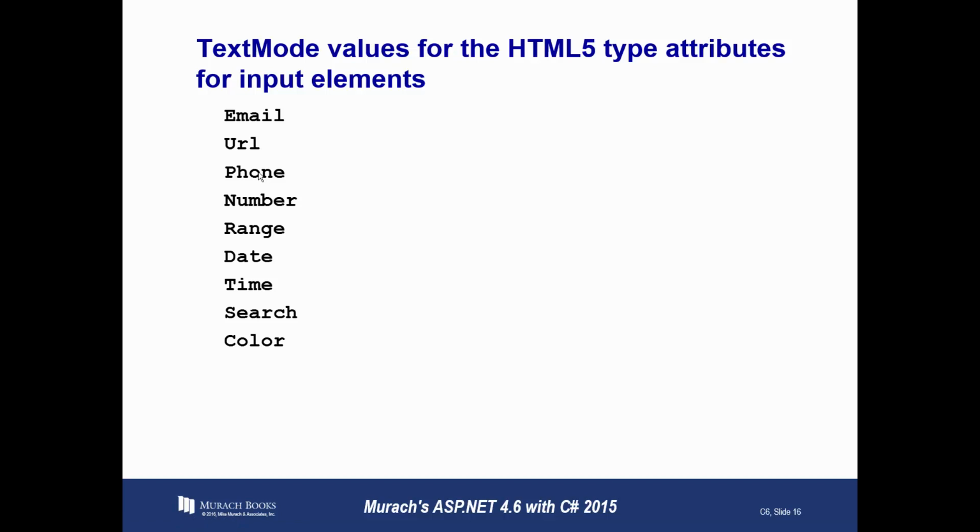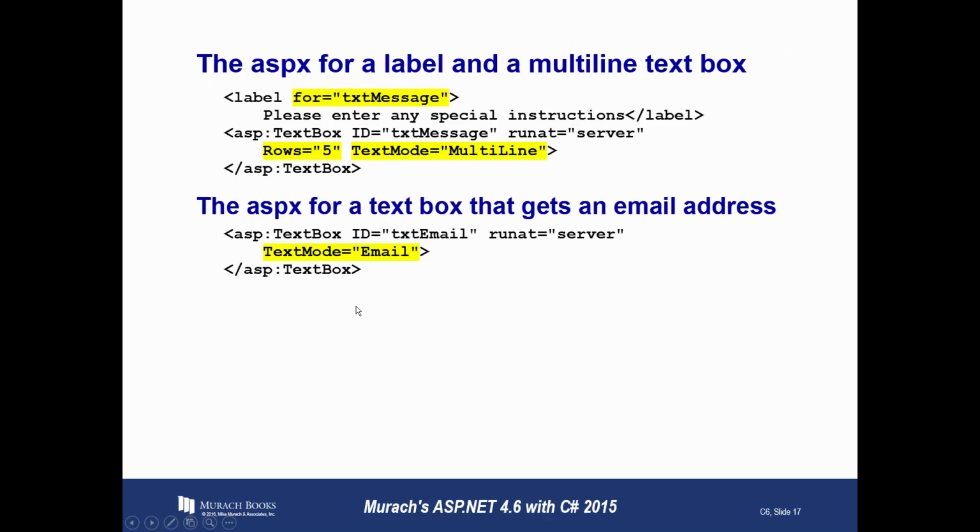It says that you're using a phone number format. Number, typically with number, if you remember that from the days of HTML, you typically set a minimum and a maximum. All right, you can do that with range. Dates, quite often dates will bring up a date picker, or a date time will bring up a date time picker. Search for a search box, color to bring up the color palette.